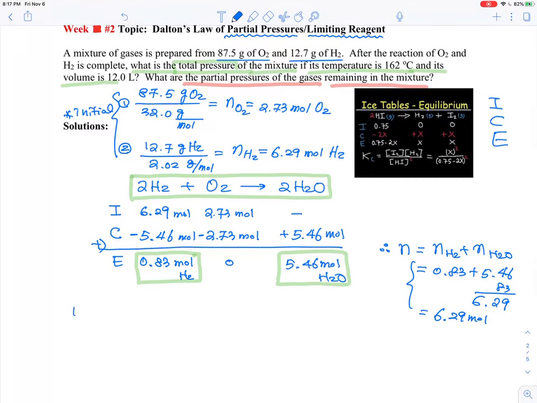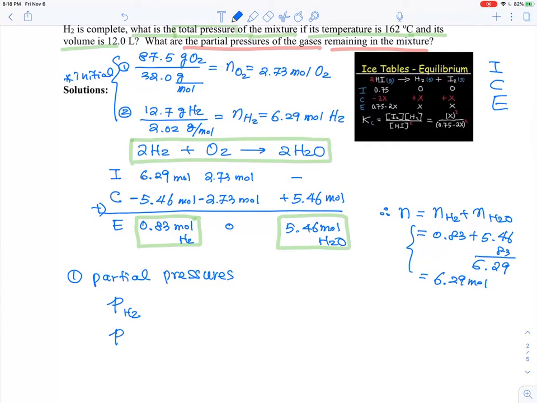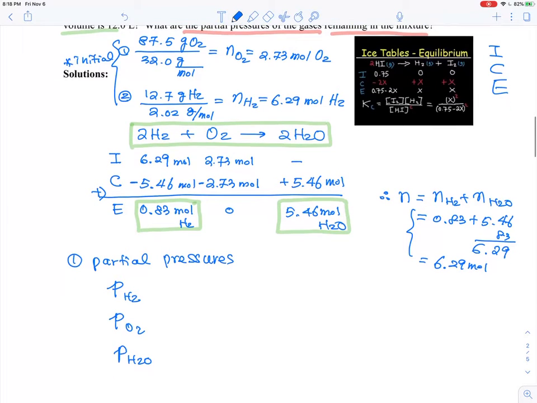The partial pressures are P(H2), P(O2), and P(H2O). P(H2) simply obeys the rule: N(H2)RT over volume. P(O2) is 0 because there's nothing left at the end.